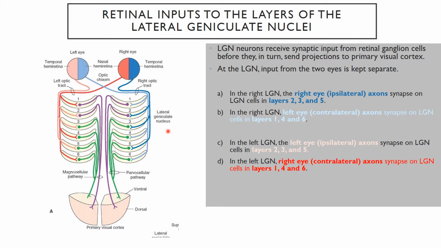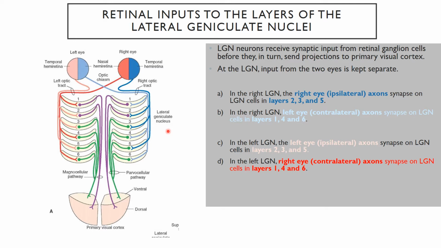So these layers of the lateral geniculate nucleus actually have segregated inputs from the different eyes and the different visual fields. So this figure is complicated, and I don't expect you to be able to replicate the schematic from memory.